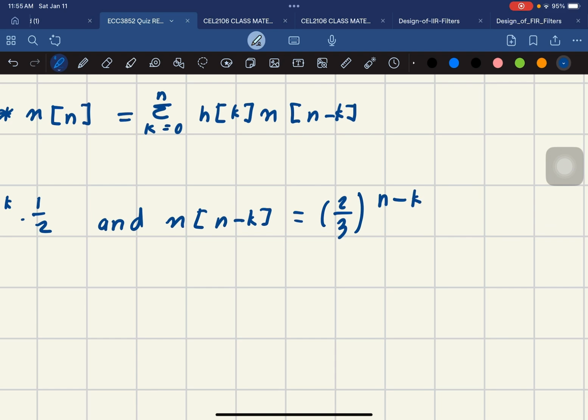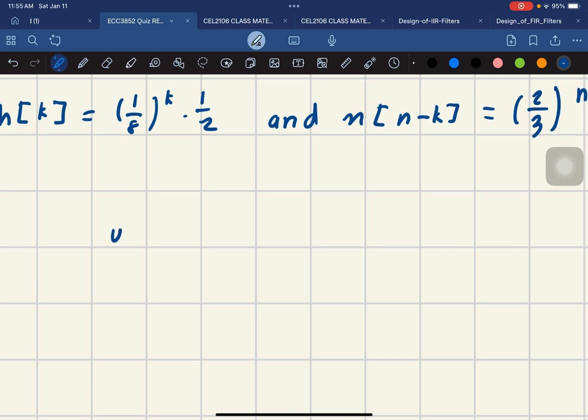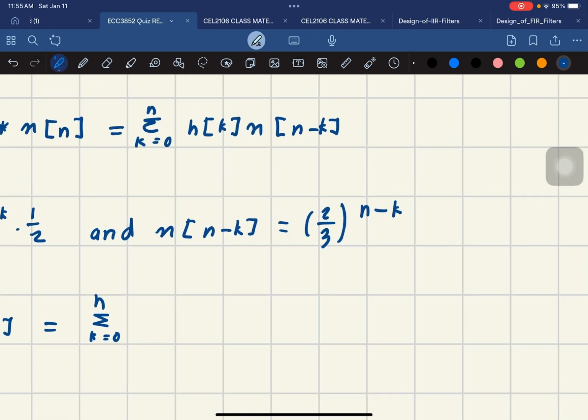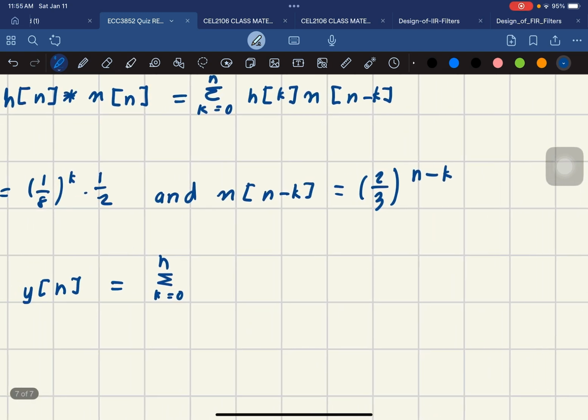So the sum runs from k equals 0, and we will be using this form: hk, we got 1/2 (1/8) to the k, multiplied with u of n minus k, (2/3) to the n minus k.